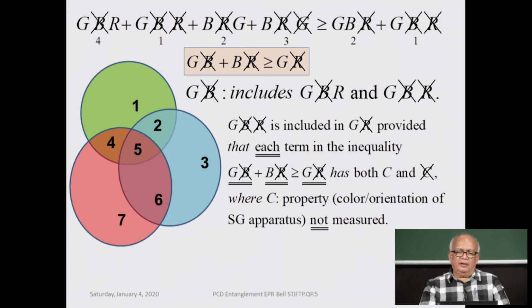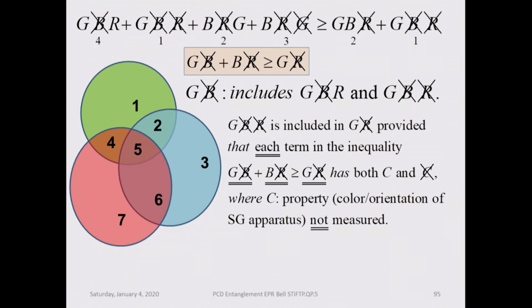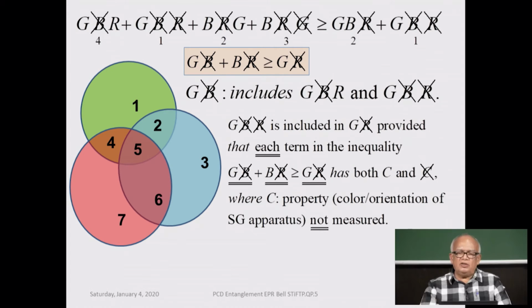And what is important is that G not B not red is included in G not red, because each term in the inequality has got the other third color and also not the other third color. So, both of those are present. Okay? So, that is the important point.